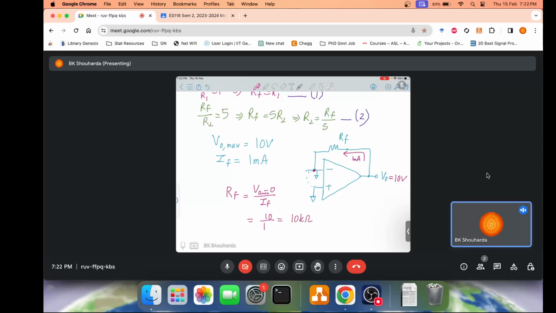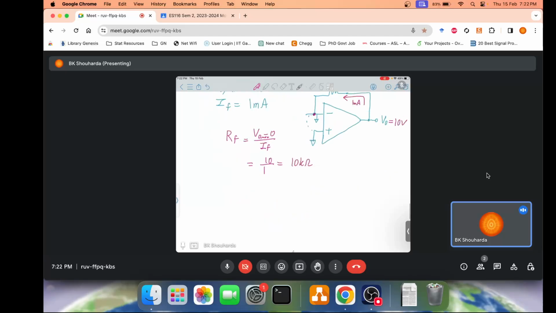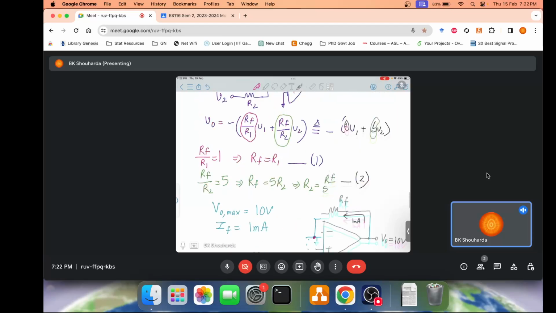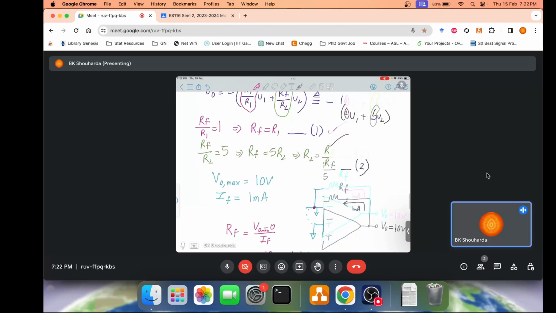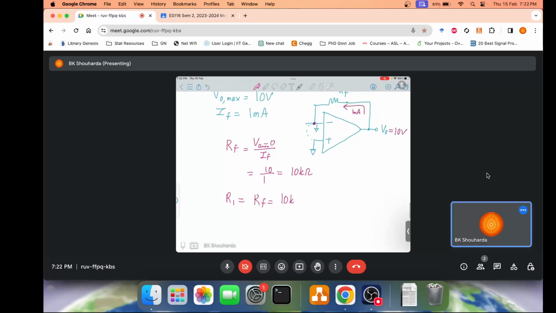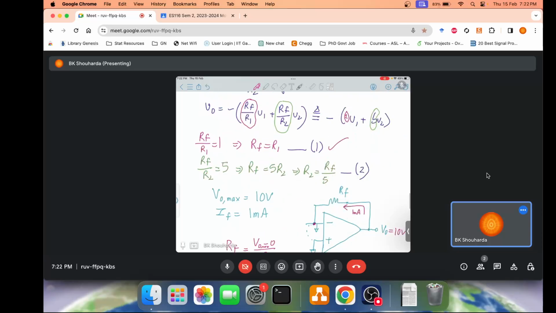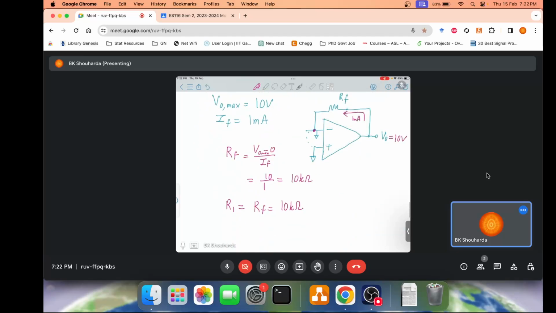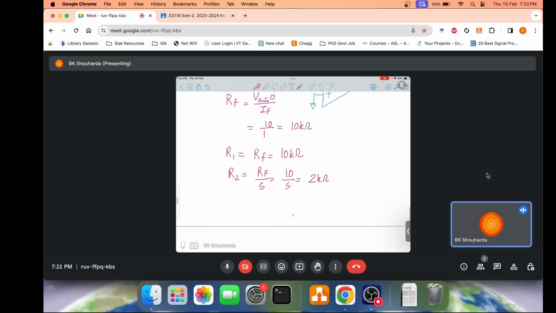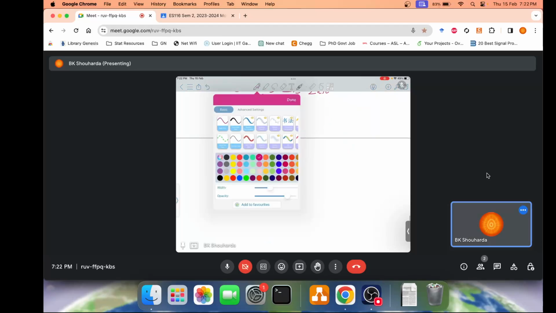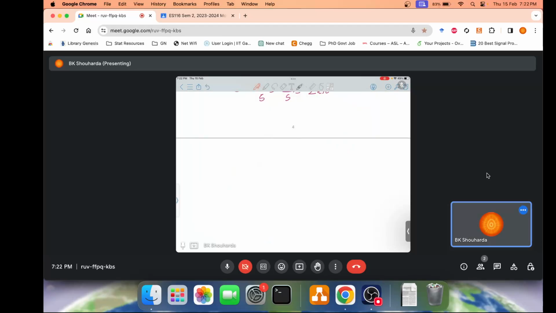So we have already found out our feedback resistance. Our R1 resistance is Rf, as we had calculated earlier, Rf equals R1. Similarly, from the second equation, R2 is Rf upon 5, so that's 10 upon 5 equals 2 kilo ohms. So our final circuit will look like this.